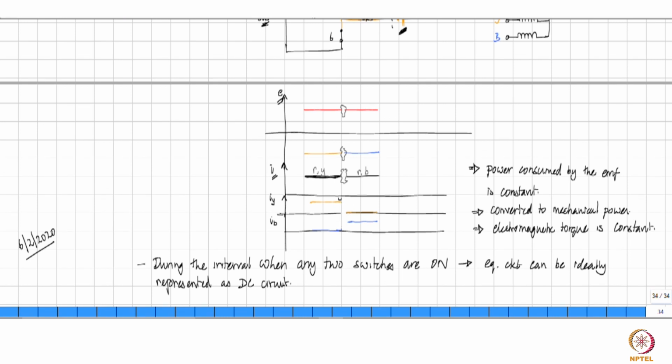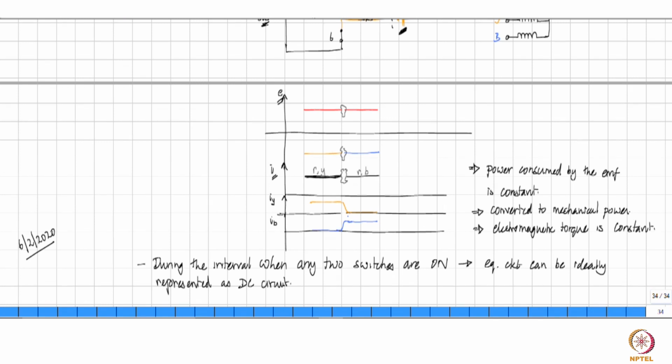What happens is this current goes to 0 over some duration. This current rises to the desired level in some other duration. The durations may not be the same, right?